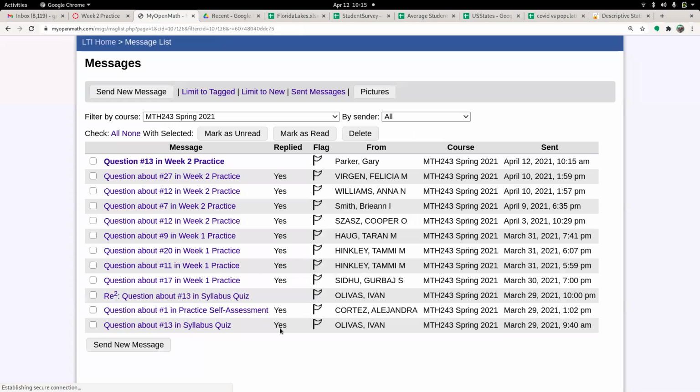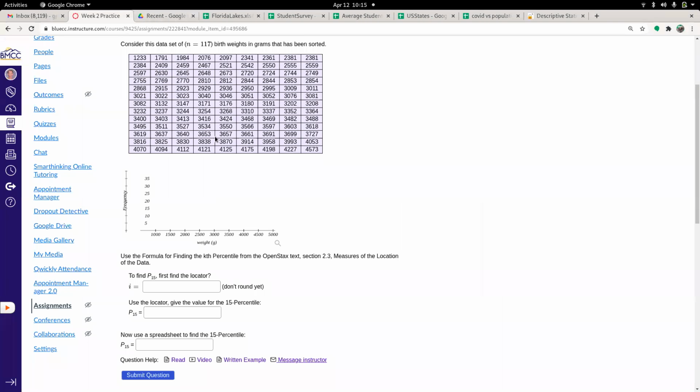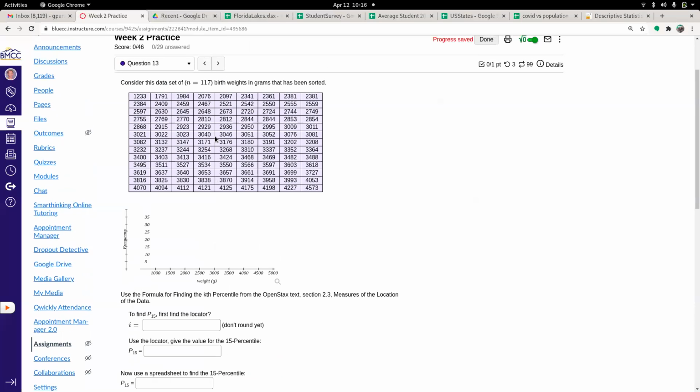It's not necessary for that problem, but it's nice. Okay, oh, my Zoom menu must be in the way. There we go. All right, so let's take a look at this one here.